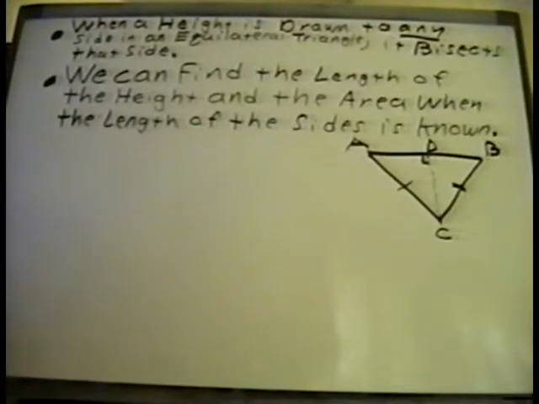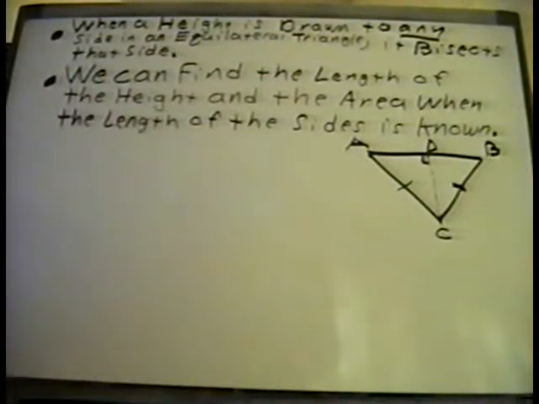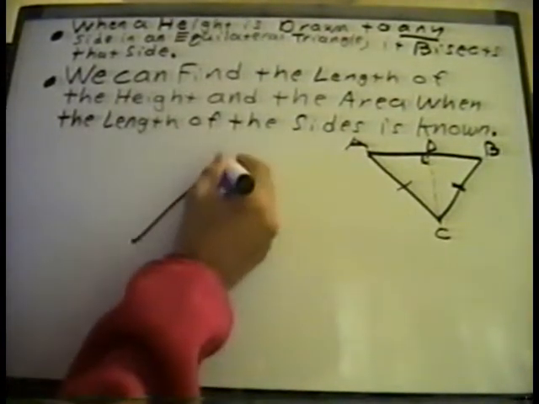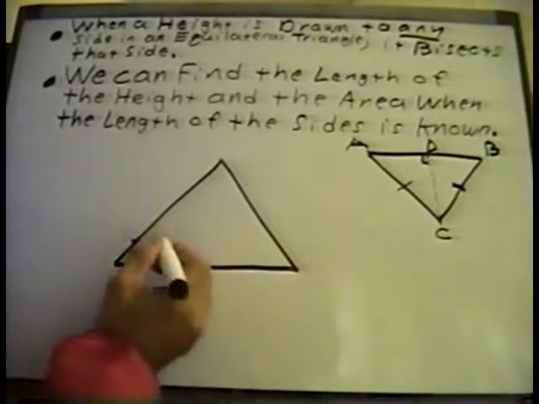So here, now we're going to discuss an equilateral triangle. Take a note on an equilateral. When the height is drawn to any side in an equilateral triangle, it bisects that side. So in an equilateral triangle, all sides are equal.